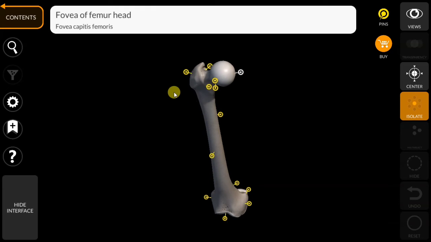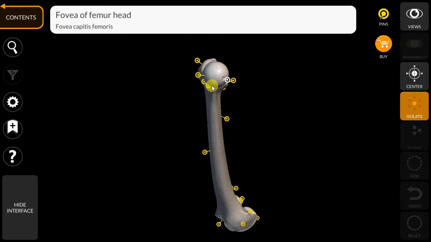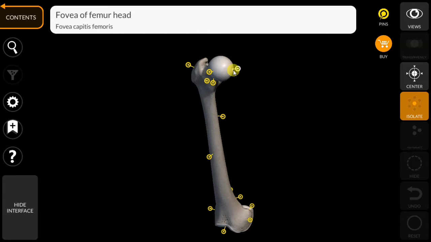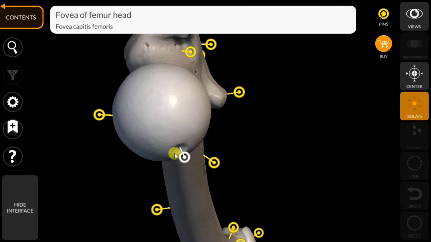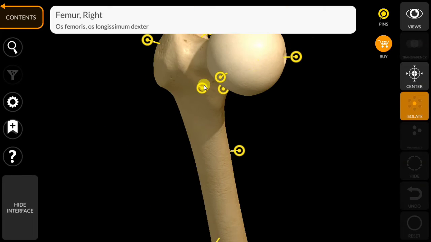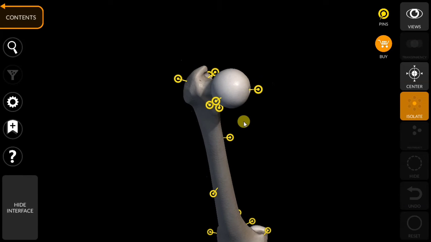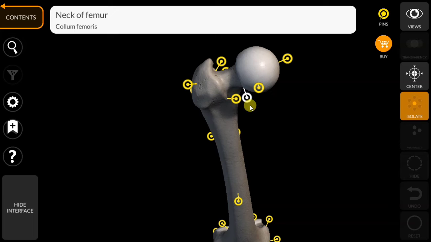We have a fovea where the ligamentum teres attaches to the femur. This is the fovea, this hollow notch you can see in the head. This is the head of the femur. This is the neck of the femur.